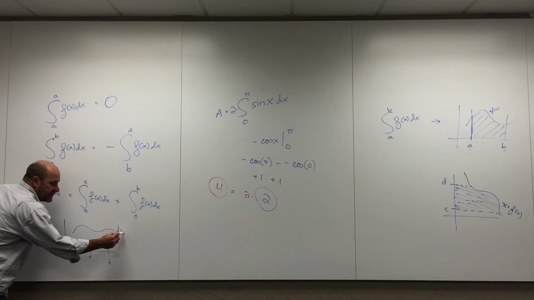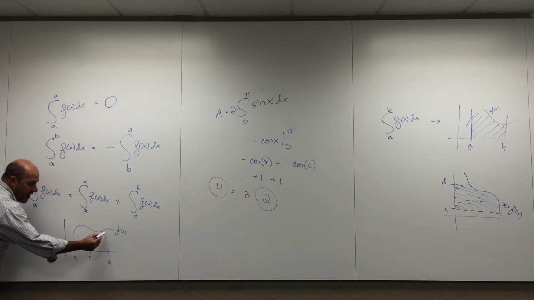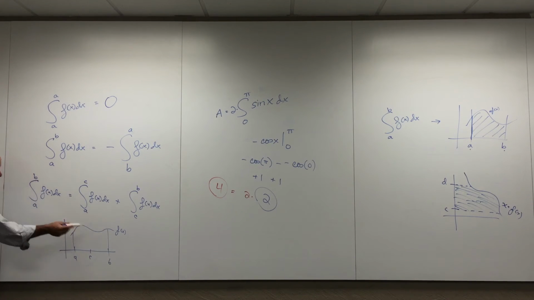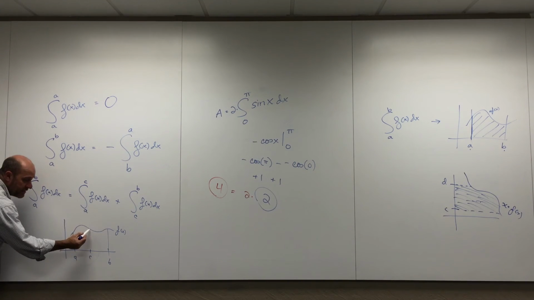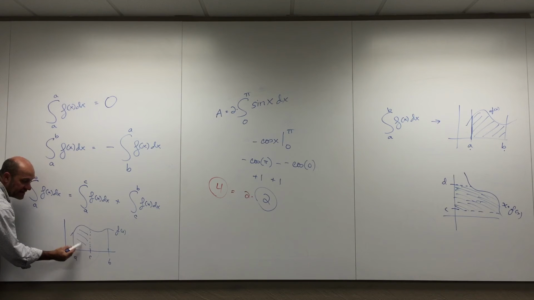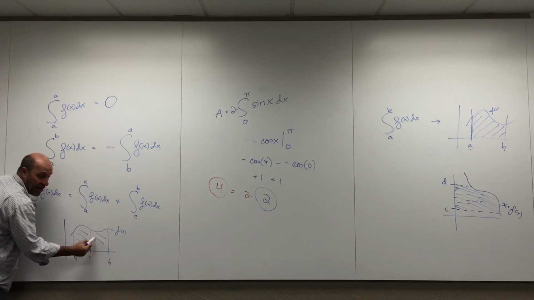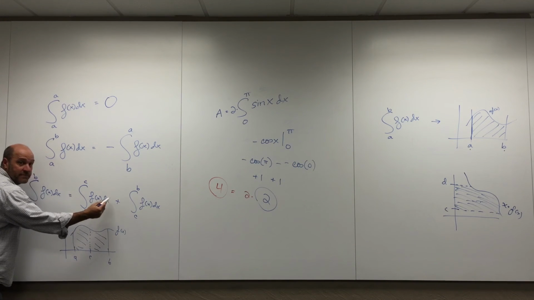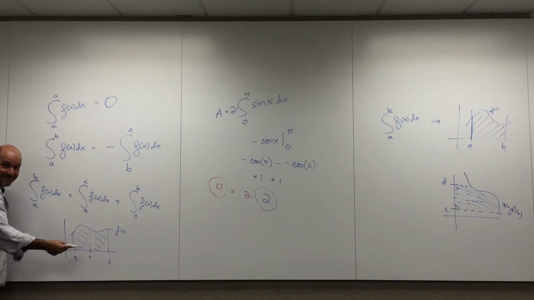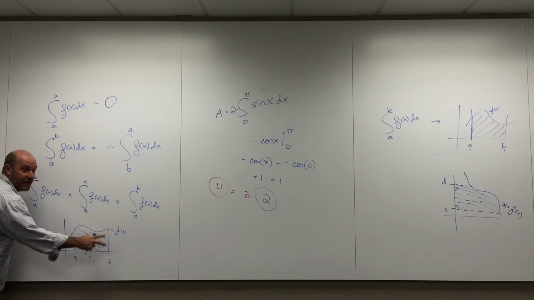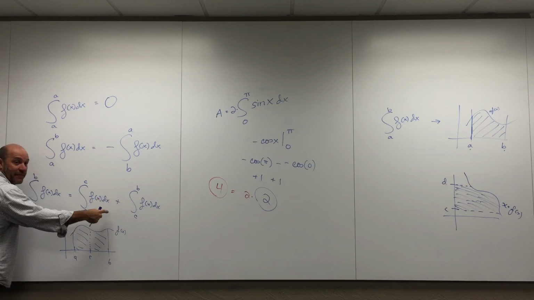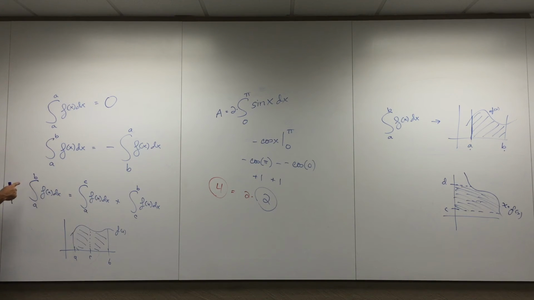That's the whole area from A to B. But what you could do is go from A to C. That's part of it. And then go from C to B. That's the other part of it. And add them together. Are you following me? It's very logical. You get 2 different areas, and add them together to get the total area from A to B.